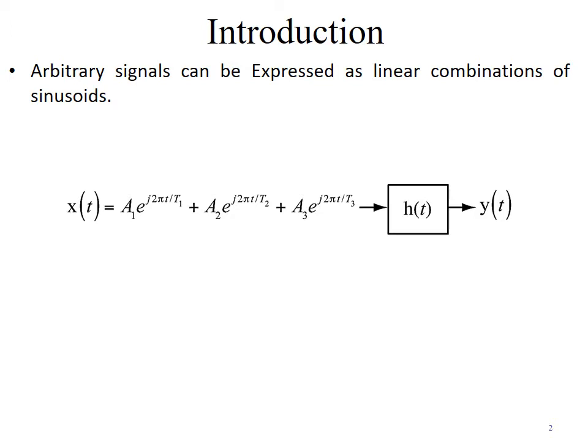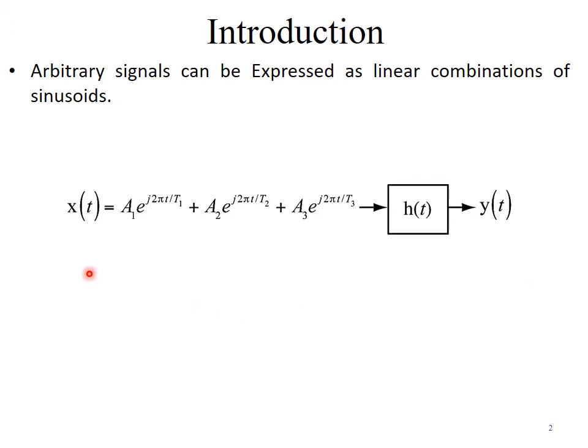And it is more convenient to represent signals as a linear combination of sinusoids or complex exponentials because the eigenfunctions of LTI systems are complex exponentials. So when the input is a complex exponential and the eigenfunctions are complex exponentials, it is mathematically convenient to compute the response of the system, right?